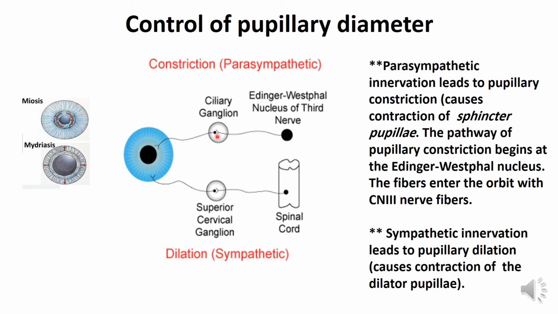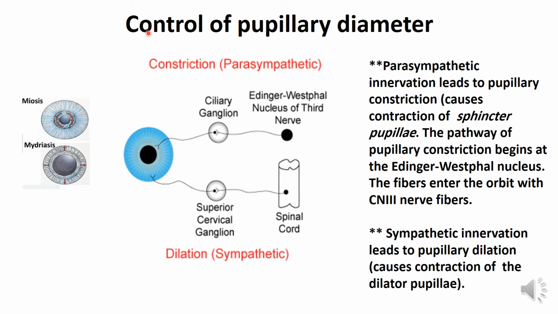So activation or stimulation of parasympathetic fibers to the constrictor pupillae leads to constriction of the pupil, and this is called miosis. On the other hand, stimulation of sympathetic fibers to the dilator pupillae muscle leads to dilatation of the pupil, an increase in the diameter of the pupil. This condition is called mydriasis.